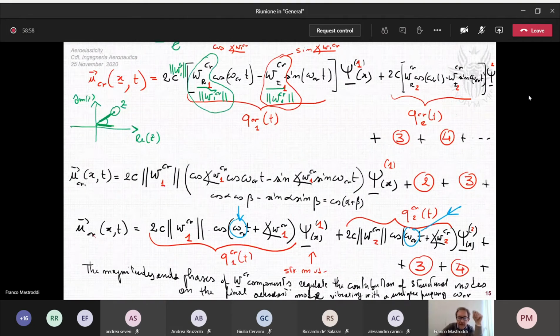And the components able to do this shift and this modulation are the components of the complex eigenvector.